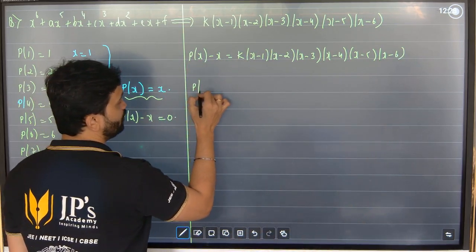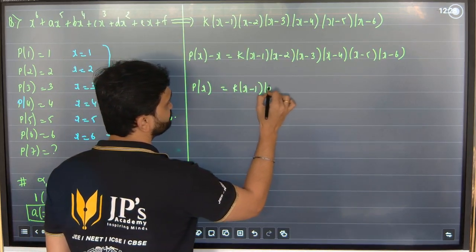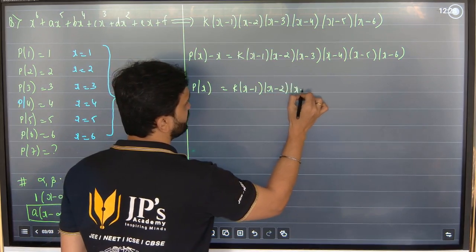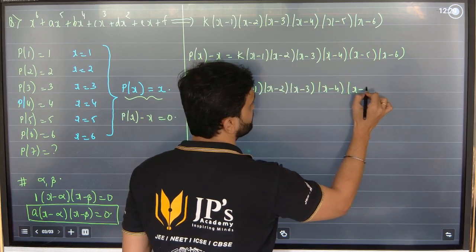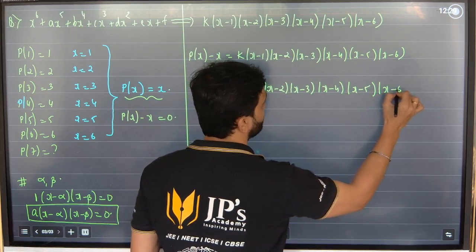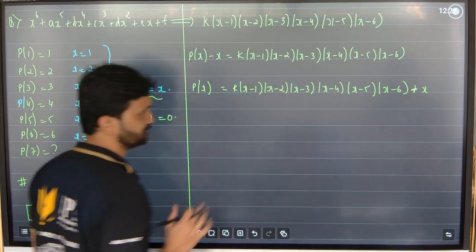Then I will write p of x is equal to k into x minus 1, x minus 2, x minus 3, x minus 4, x minus 5, x minus 6 plus x.